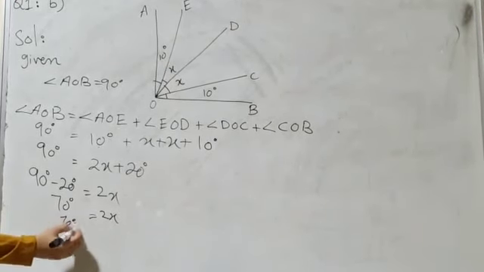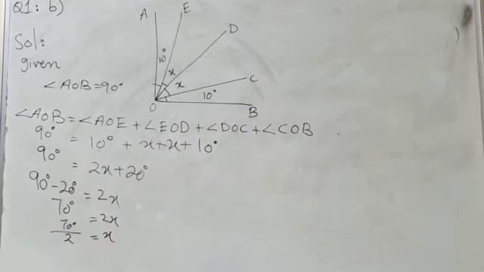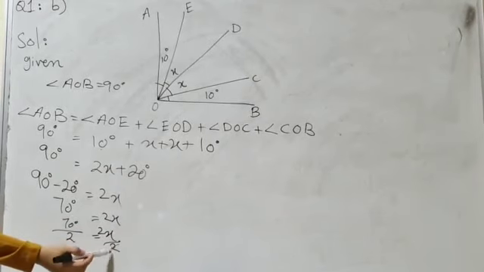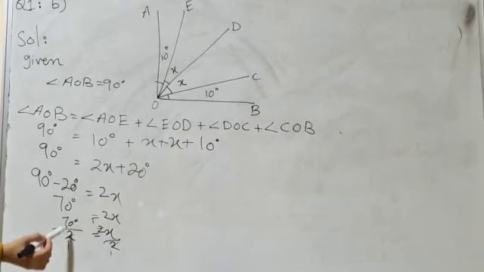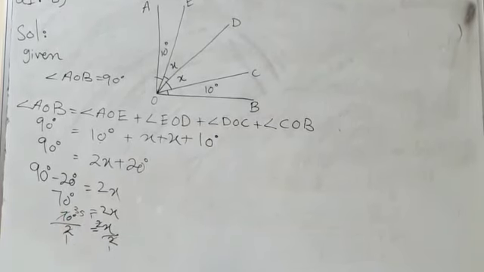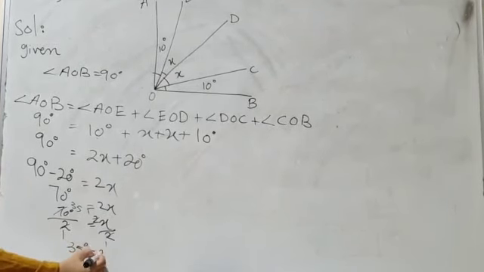So 70 degree by 2 equals to 2x by 2. 2 will be cancelled by 2. We will be having x on one side, and 70 divided by 2 is equal to 35 degree. So the value of x equals 35 degrees.